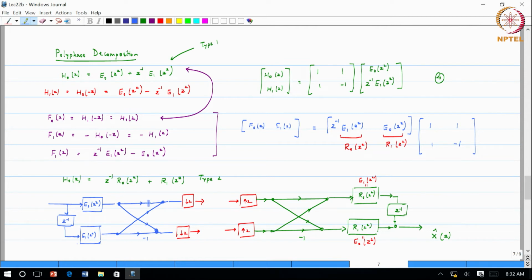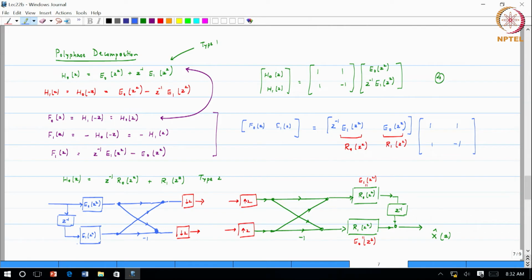So, you will get a multiplication factor of 2, upper branch will be E naught of Z, on this side it will be E1 of Z, this one will be E1 of Z, this one will be E naught of Z.